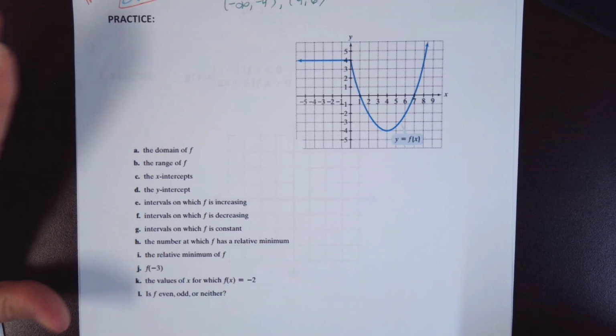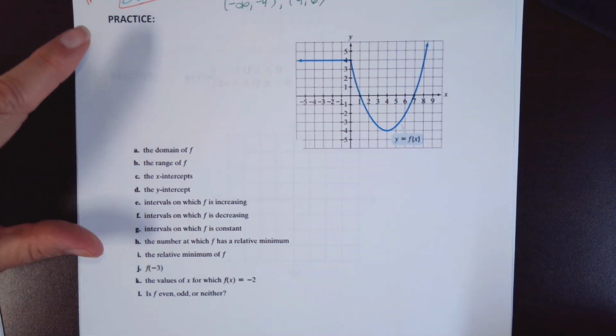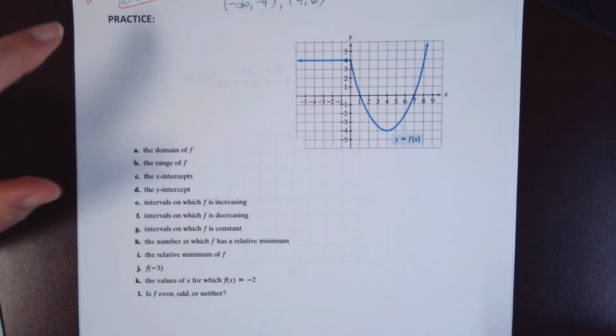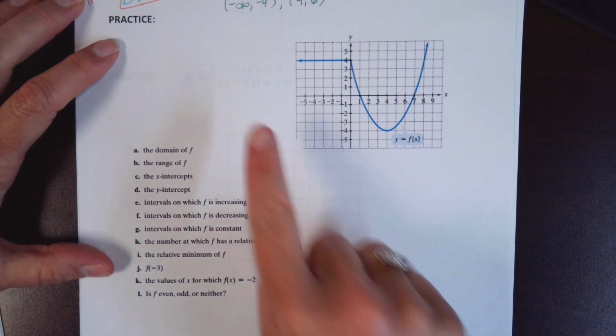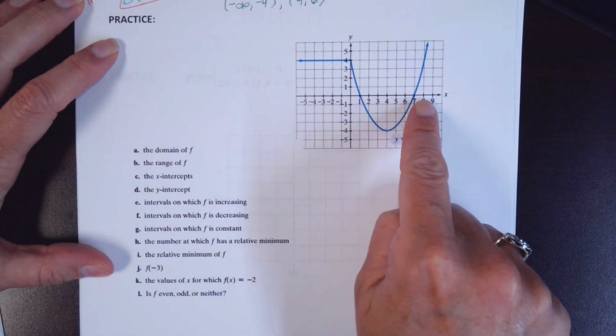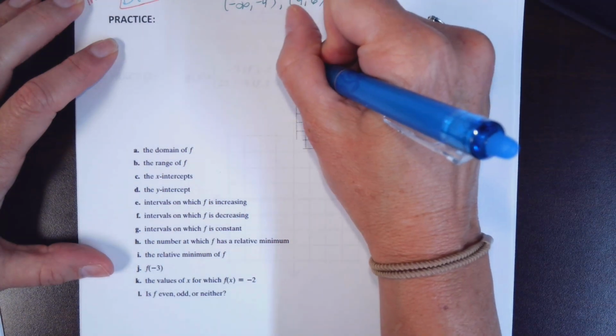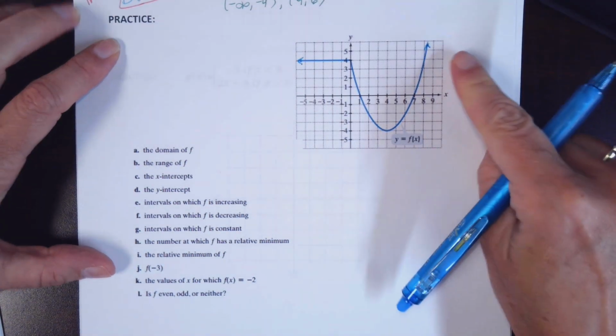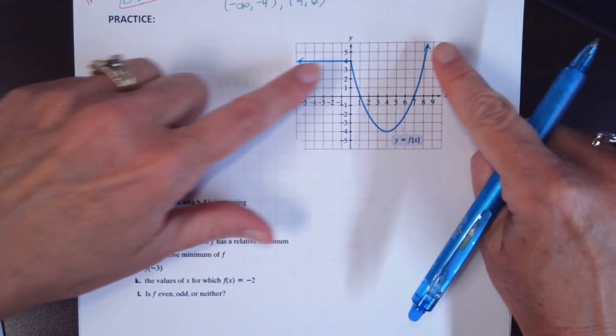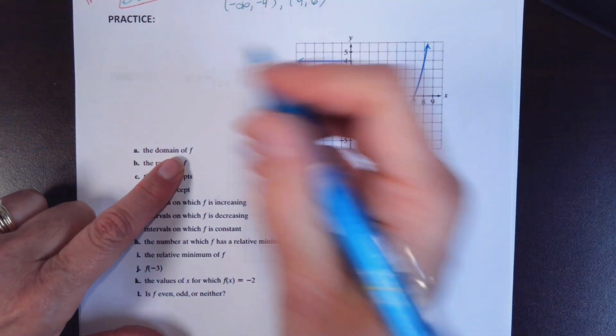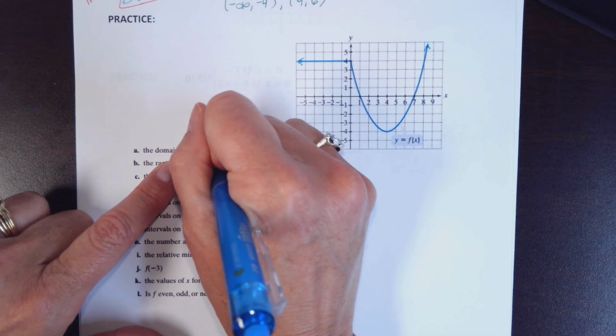Okay. So remember that when I'm interested in increasing, decreasing, and constant, I'm reading along the x-axis, talking about my function value. I need to think about my domain first, and I see that this function has arrows on both ends, so it's moving out. My domain is going to be all real numbers.